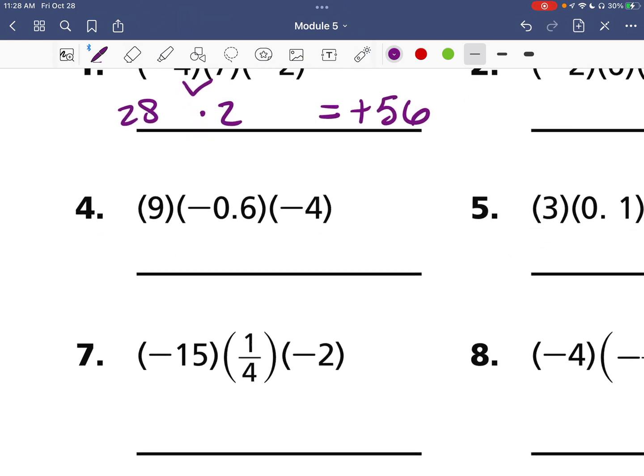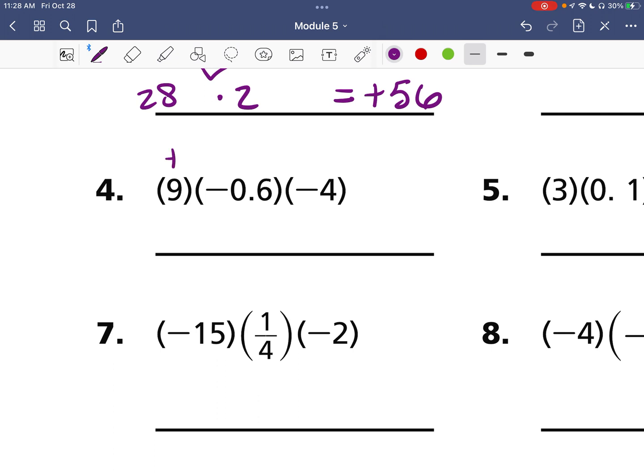Okay, here, same thing. We're going to have a positive times a negative times a negative. Our associative property, grouping these together. A negative times a positive is a negative. So now I have negative times negative. It's a perfect positive pair. Our final answer, whatever that may be, will be positive.